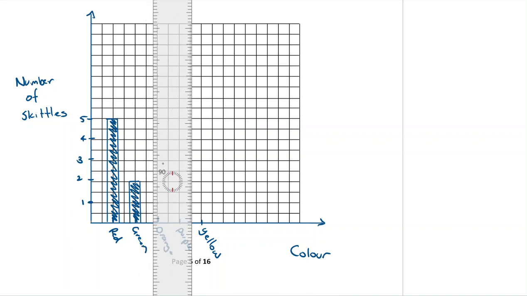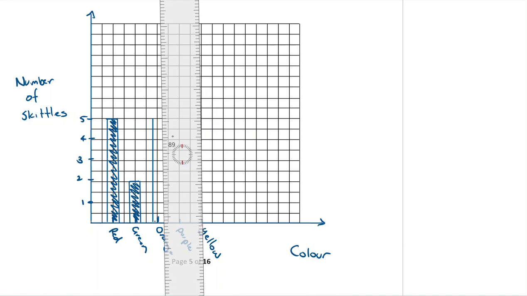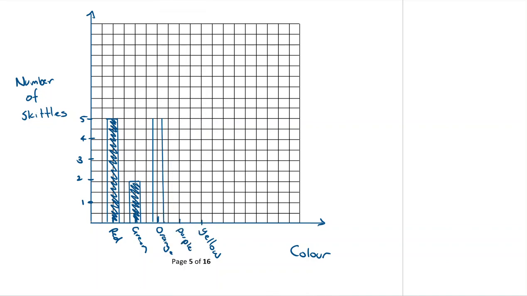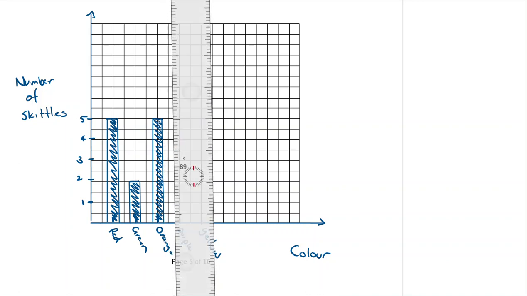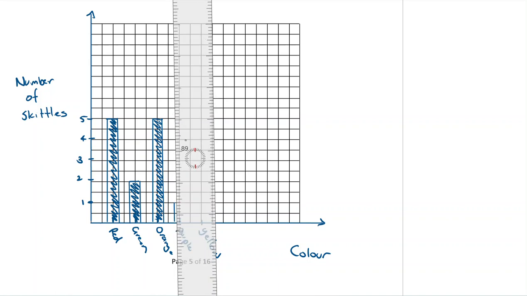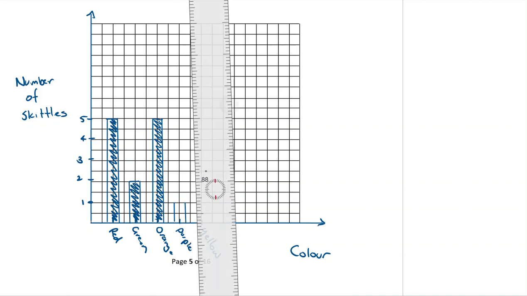We'll get to that next lesson, not worry about it today. Today we want to master these ones. The sector graphs are another thing altogether. Purple is 1. And yellow is 1.